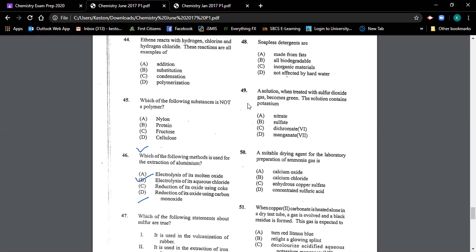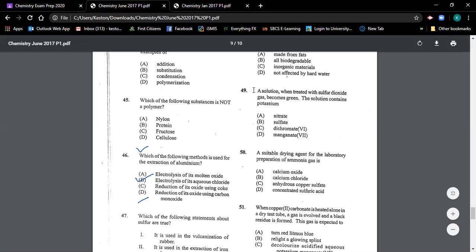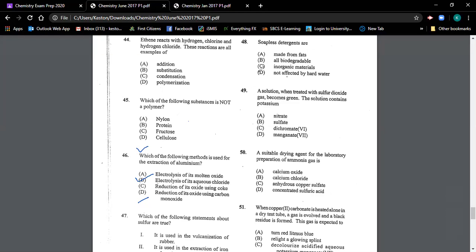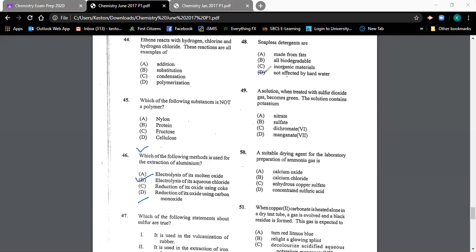Correct answer here is D. They're not affected by hard water. That's the type of detergents you'd use when you know your area has hard water in it. Hard water doesn't allow you to lather a lot. So D is the correct answer for that one.